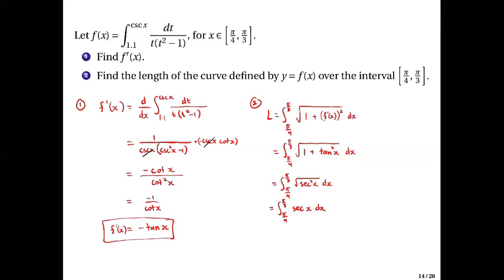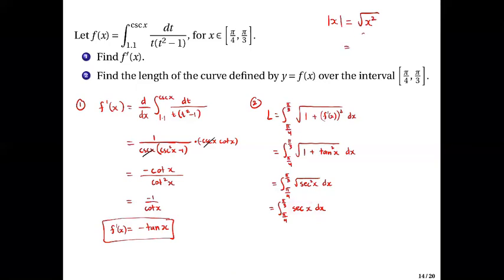Now, without the limits of integration, this guy here, we have to put absolute values. Okay? That's one of the definitions of absolute value. So let me put that. So this is square root of x squared.